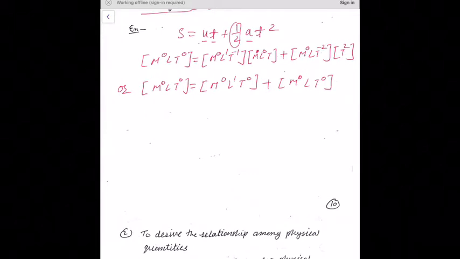Since the dimension of each term on the right hand side is equal to the dimension on the left hand side, this equation is dimensionally correct. Here half is a pure number, so it does not have any dimension.